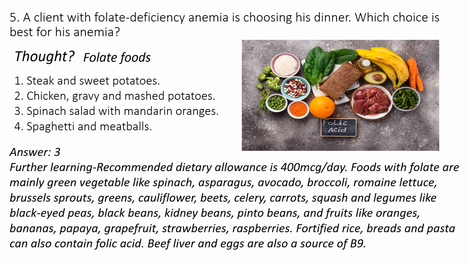And then some of your carbs, your fortified rice, breads, and pasta, they can also put folic acid into. And beef liver and eggs. Eggs are a great source of B-9. So we have green leafies, legumes, fruits, fortified pastas, rice and breads, and then beef liver and eggs.